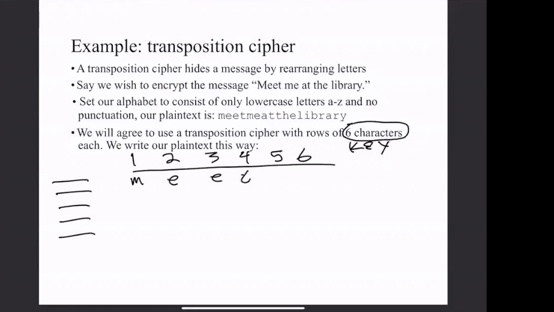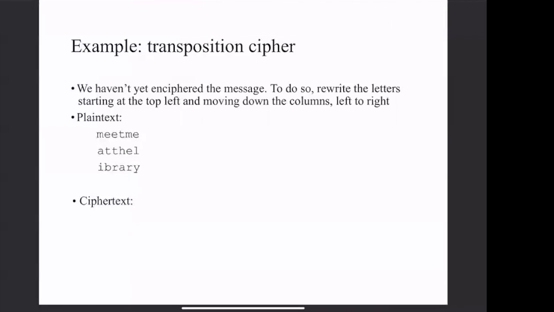So meet me at the library. All right, so we just simply write out our message in a slightly different format. So here I've got it written a little bit neater. We can see that it's exactly the same thing.